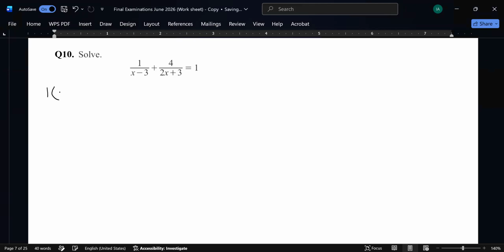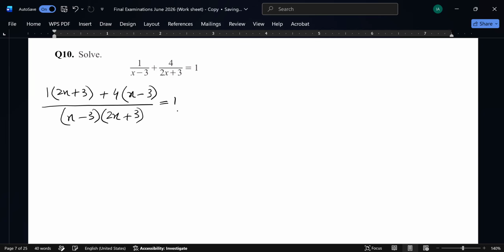1 times 2x plus 3, then plus 4 times x minus 3, and the two denominators multiply each other, equals 1. Let's expand the brackets. So 3x plus 3 plus 4x minus 12.